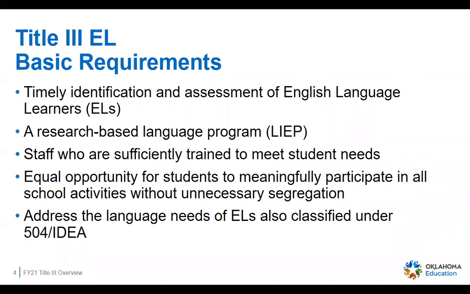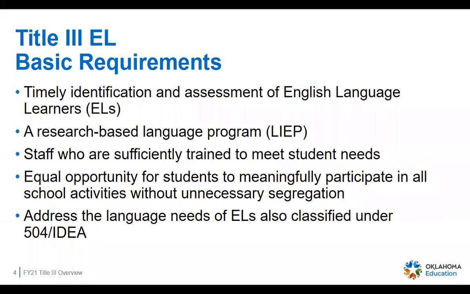You're required to have a research-based language program, and this is what's expressed in the LIEP. You're also required to have staff who are sufficiently trained to meet student needs, and that includes the needs of your English learners.